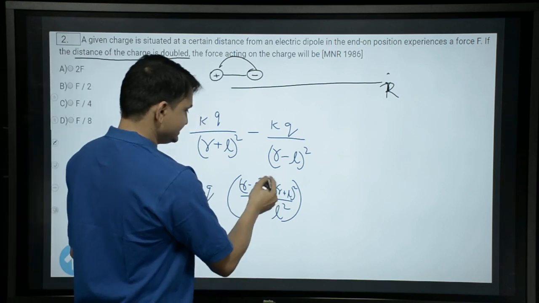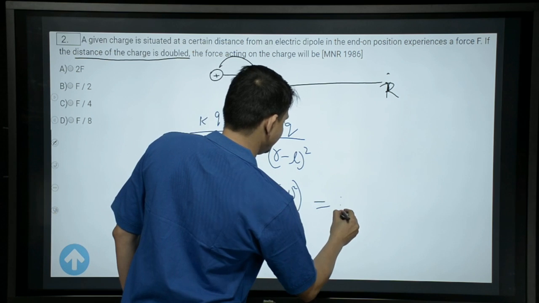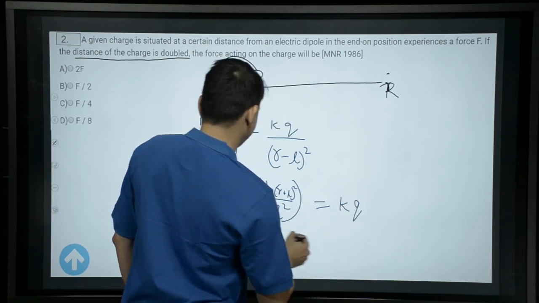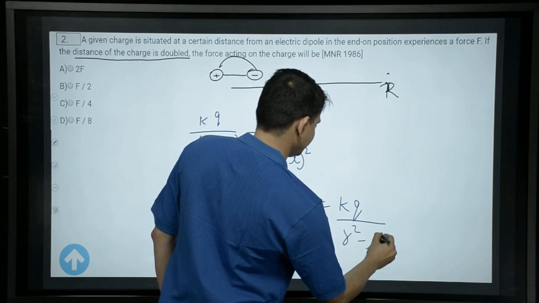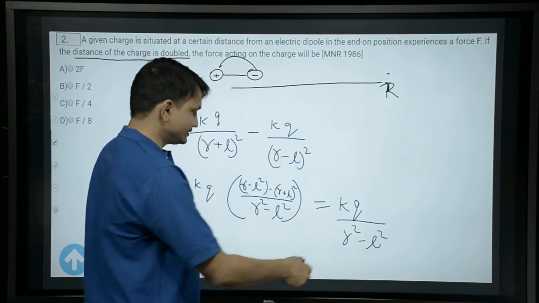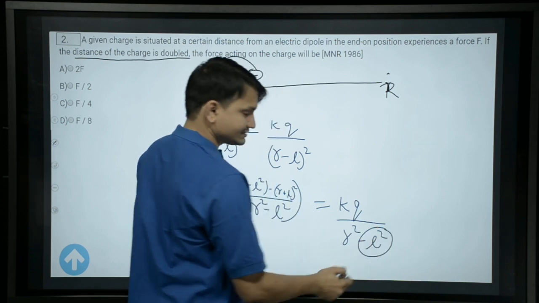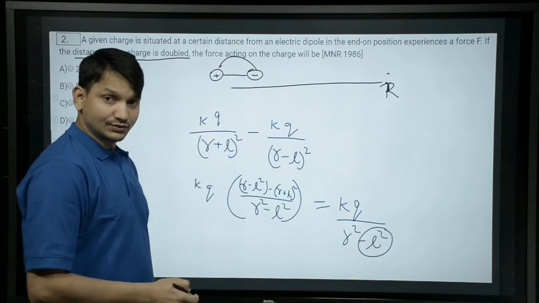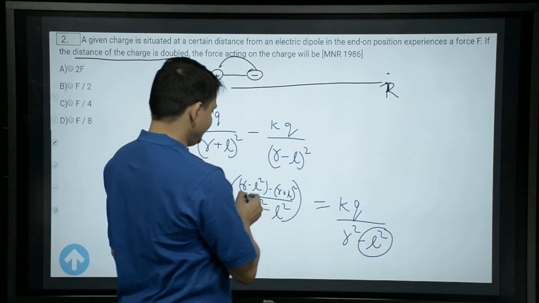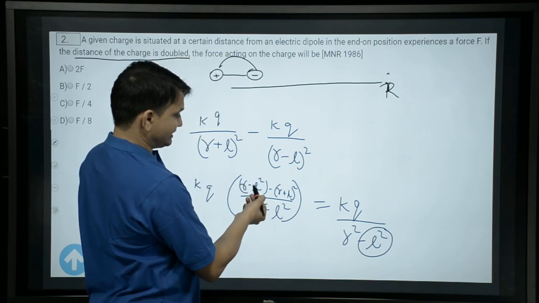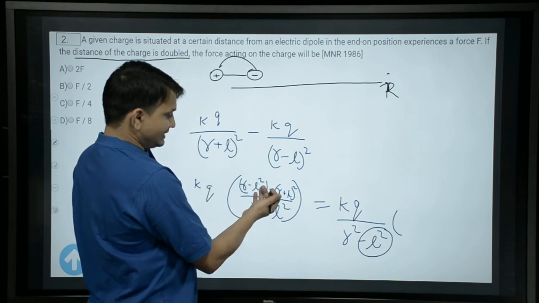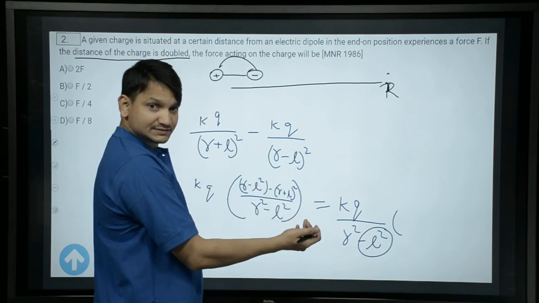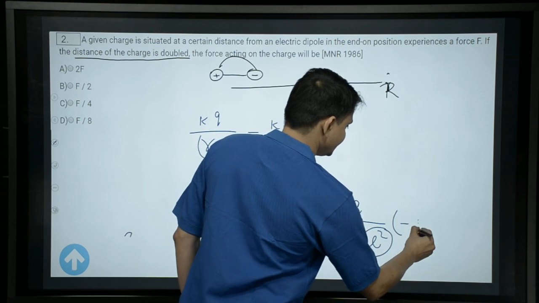So this is giving us KQ divided by R square minus L square, which we can ignore. The L part we can ignore because L is quite small as compared to R, and here we are getting R square minus L square the whole times, A square minus B square, minus A square plus B square minus 4AB, right?